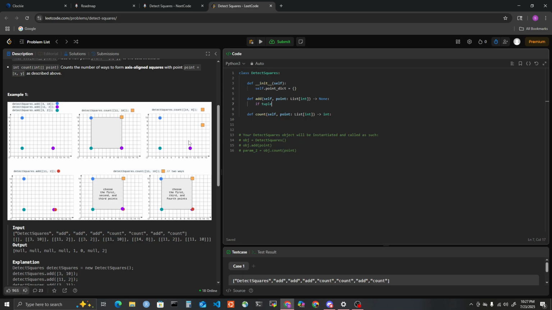If tuple of point is not in self.point dictionary, then we're gonna do self.point dictionary of tuple point equal to 1, and then I'm going to do equal to 0 for this instance, and then I'm going to do plus equals 1.